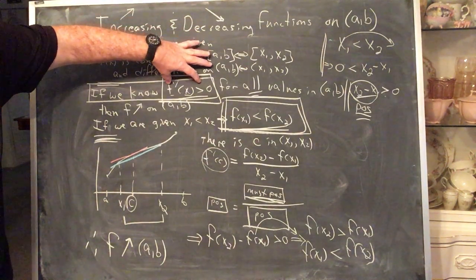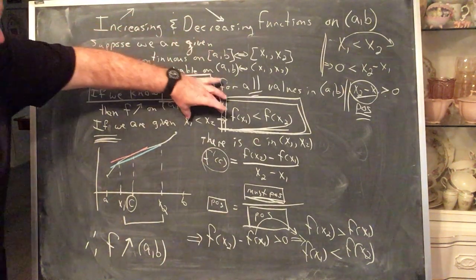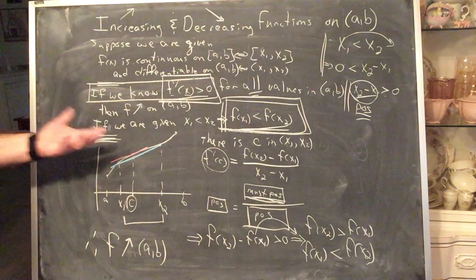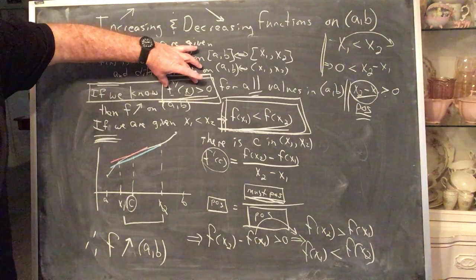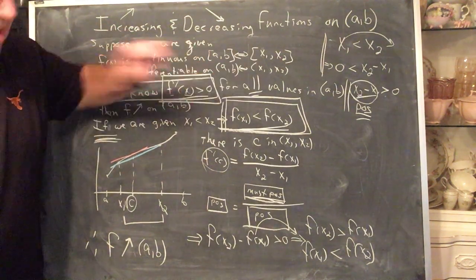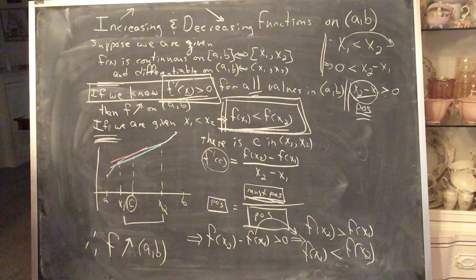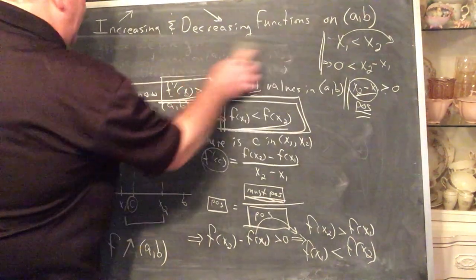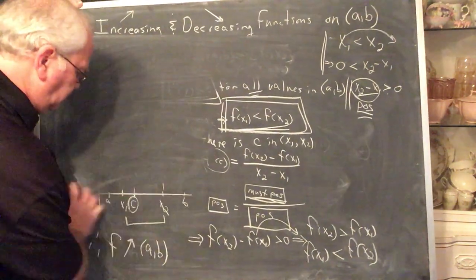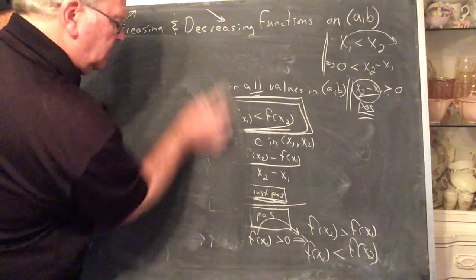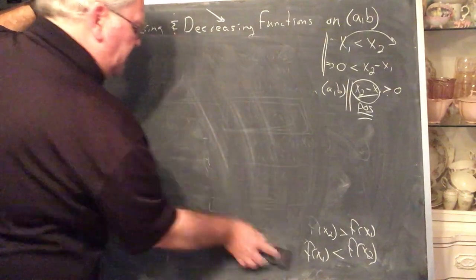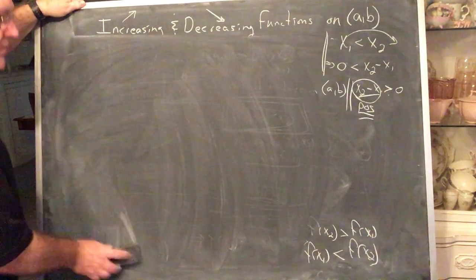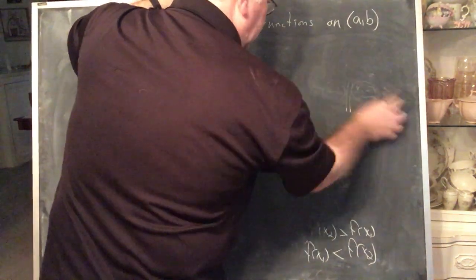F prime bigger than 0 means that the function is increasing. And similarly, f prime less than 0 means that the function is decreasing. So let's summarize that. This now is the takeaway for you guys. You don't need to be able to reproduce that argument until you go to graduate school, but that's up to you.